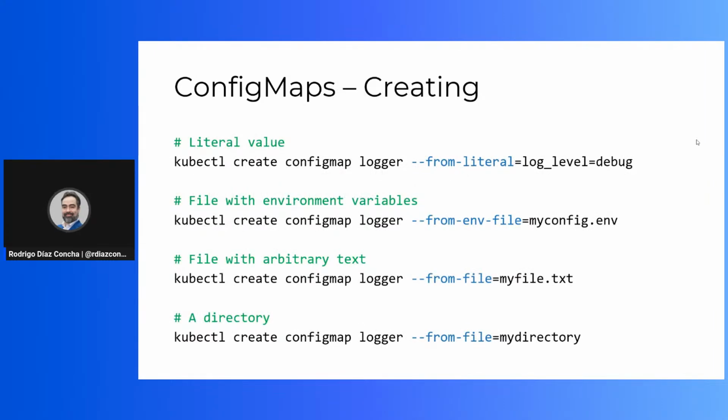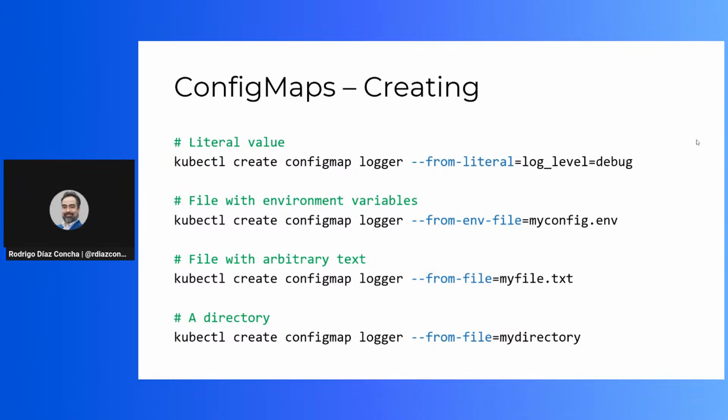So why do we want to do this? Well, it depends on your needs. However, most of the time you're going to use, I'd say, an environment variables file that you might have to implement yourself, or maybe you want to use the from-literal option.